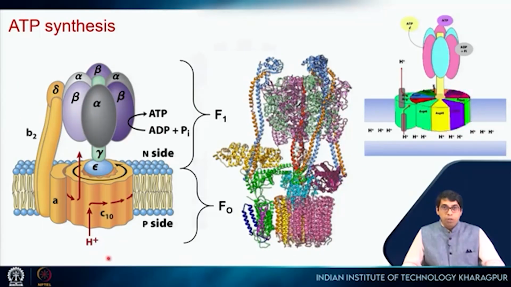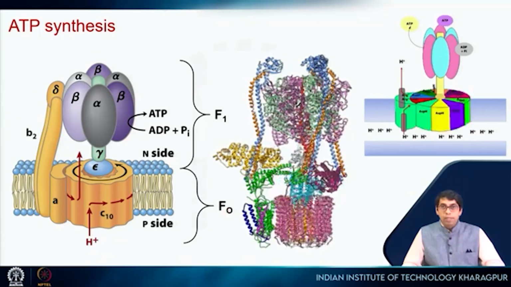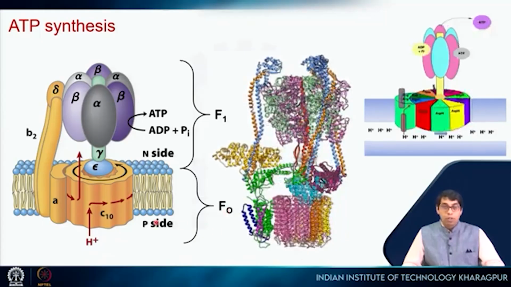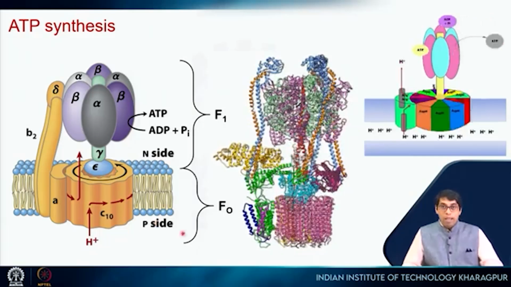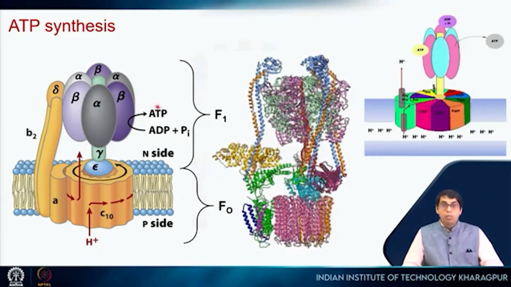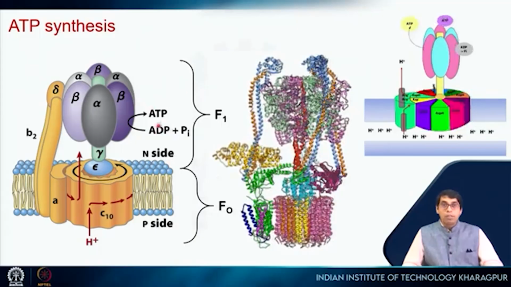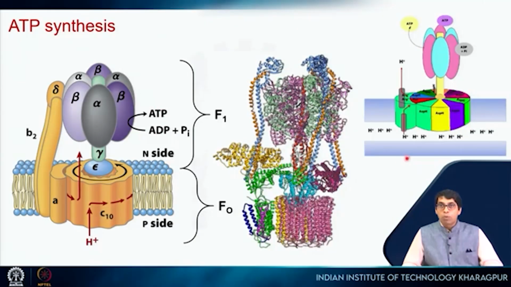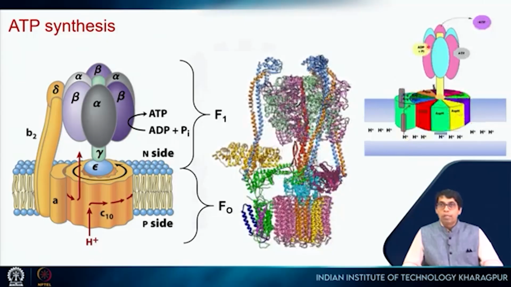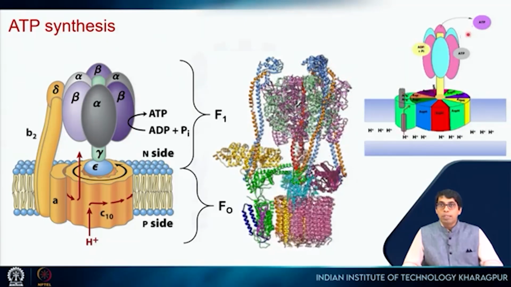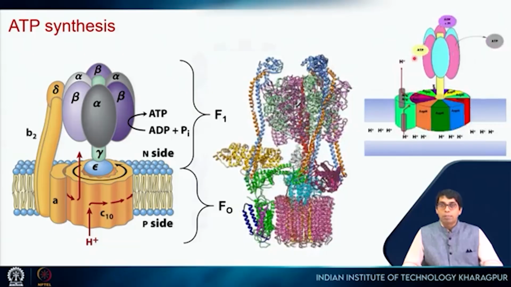When protons go in, it drives the rotation of this motor. So this is a very fantastic molecular machine, right. This energy is used to convert ADP into ATP. So protons are going in, there is rotation here, and that energy is used to synthesize ATP from ADP.